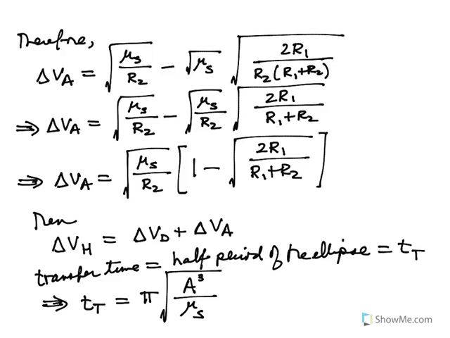Now, think about it this way when you're doing this interplanetary Hohmann transfer. You want to do it in such a way that when you apply that first impulse, that impulse that gets you out of that first orbit, you're doing it as you're leaving the first planet.